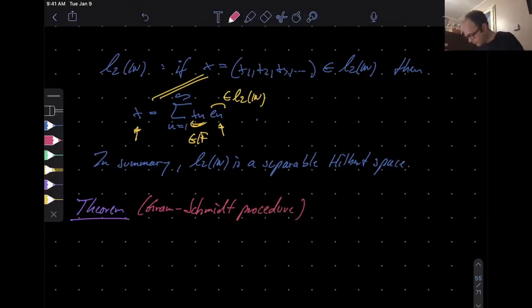Okay, so let's write the statement. Gram-Schmidt procedure or algorithm that you can implement on a computer, say.